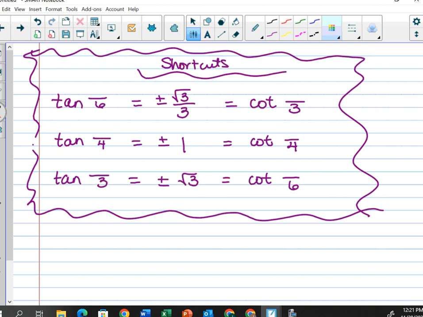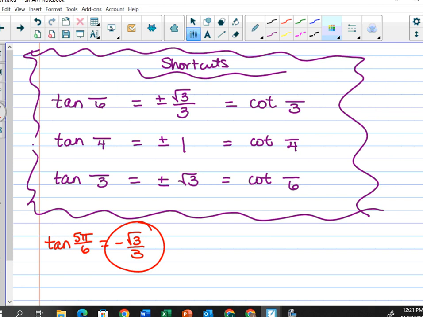So guys, if I asked you for tangent of 5 pi over 6, first, is it going to be positive or negative? Negative, because you're in quadrant 2. And then I go, okay, that's an over 6. I know the answer is root 3 over 3.